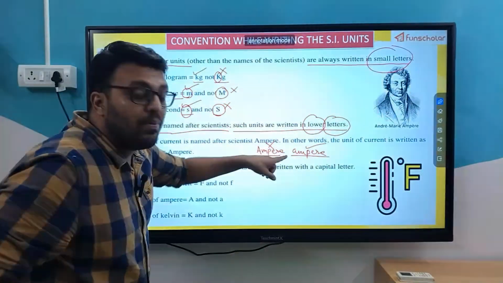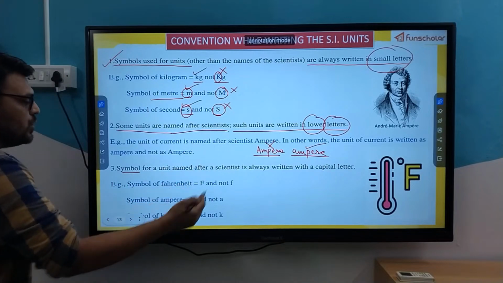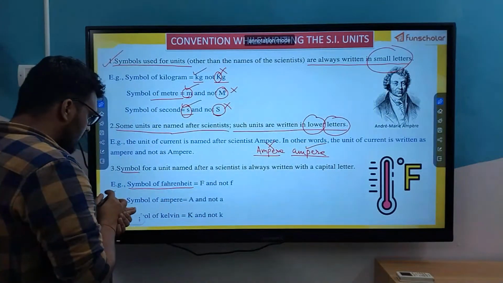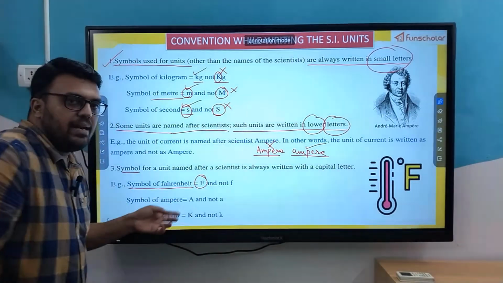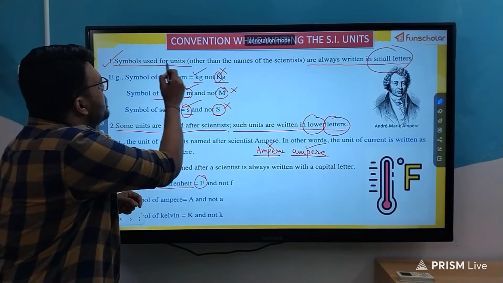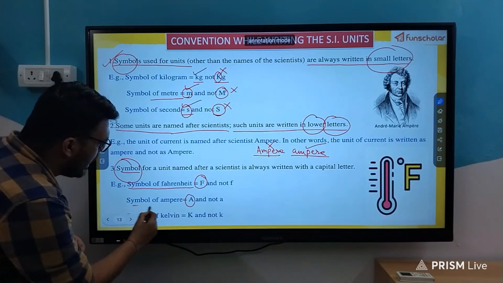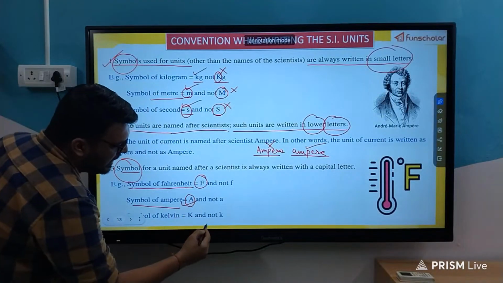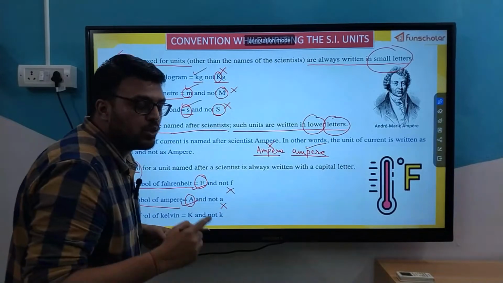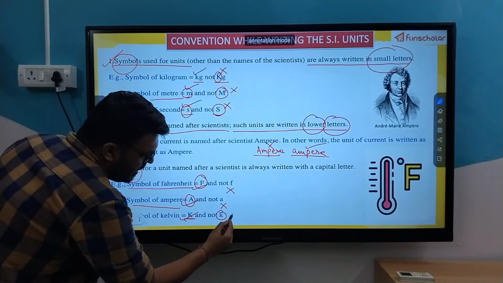Now we have talked about the word form, and now we'll be talking about the symbol for these units. The symbol of Fahrenheit, which is again named after a scientist, will be given as capital. The units we took here were in small letters, but the symbols will be in capital. So for ampere, the symbol will be capital A, not small a. For Fahrenheit it will be capital F, not small f. And similarly for Kelvin it will be capital K and not small k.